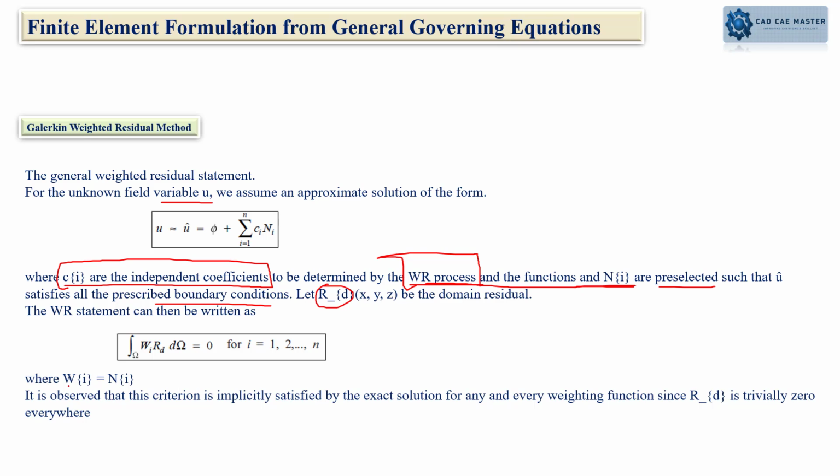Now we have Wi equal to Ni, and this will satisfy the weighted residual equation, which helps us bring it back to 0 everywhere in the differential equations. By that, we get the displacement value in the governing equations. Let's see now how we derive it.